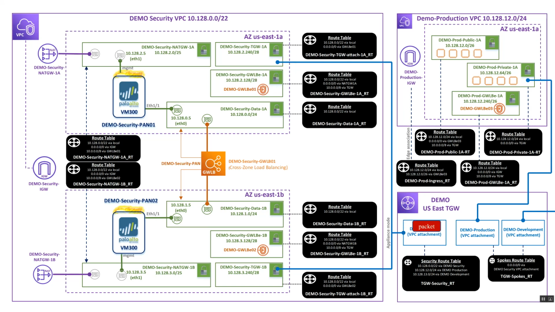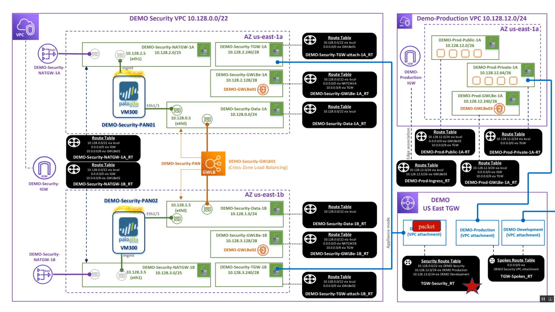But it's going to arrive on the Security VPC route table, right? Because it's just following its next hop decision making. And the security route table is going to get consulted. Now, the next hop here is a little bit more specific, right? Because we're going to the 10.128.12.64 subnet, whatever.